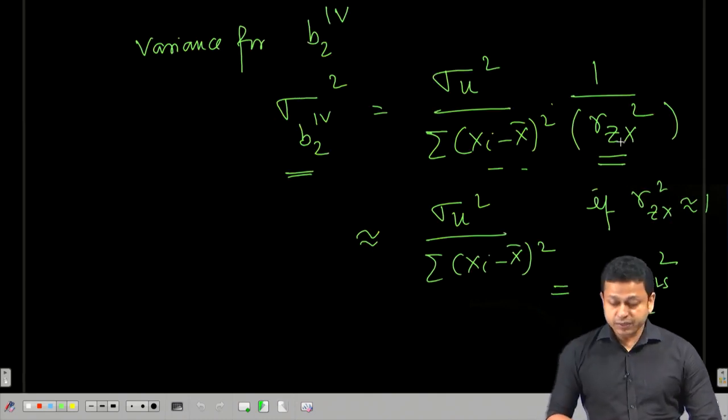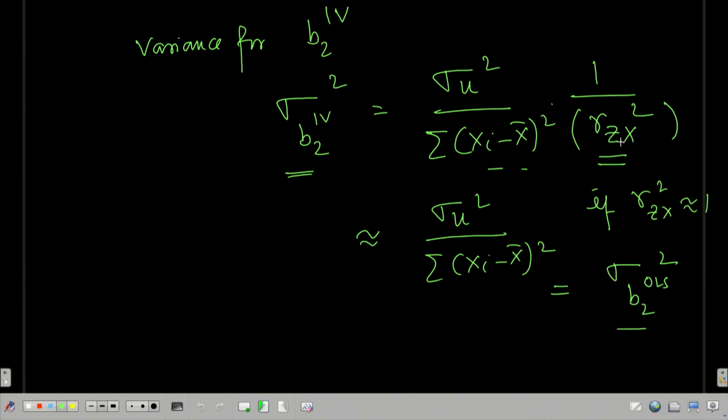The way we have mathematically written it, the influence should come through the x variable. Then only it can be a good IV. So, let me write down the result that we get. One is that z and u need to be independent.